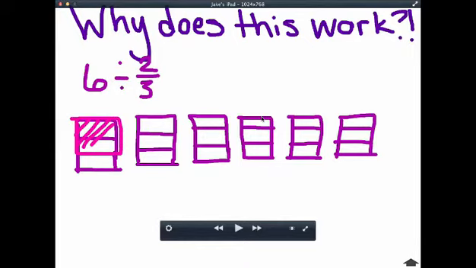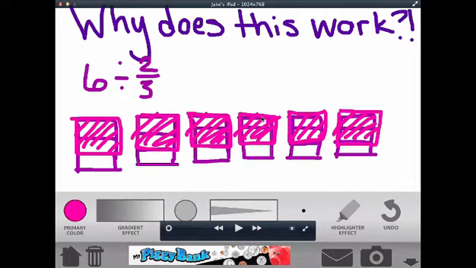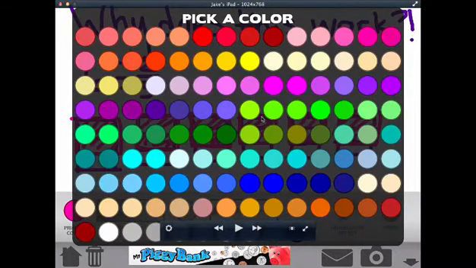There's 2 there, 2 there, 2 there, 2 there, 2, 2. All right, because 2/3 is we're finding groups of 2. How many 2's in 3? Now, once again, I have all these left over at the bottom. So I want to turn them into groups of 2 also.